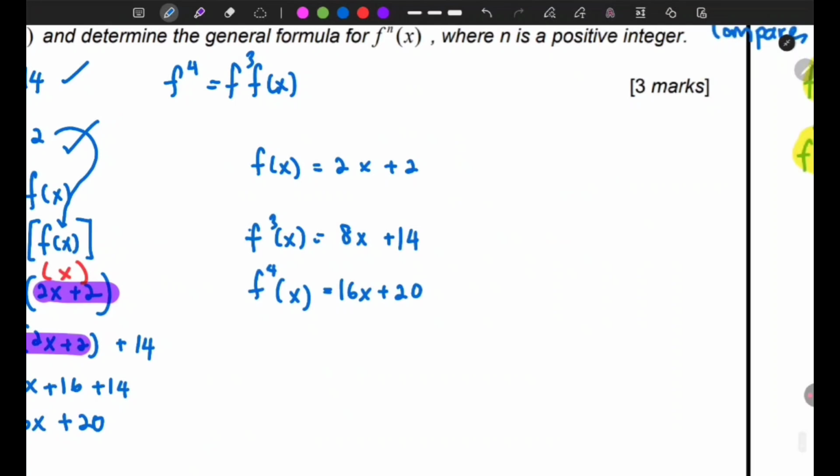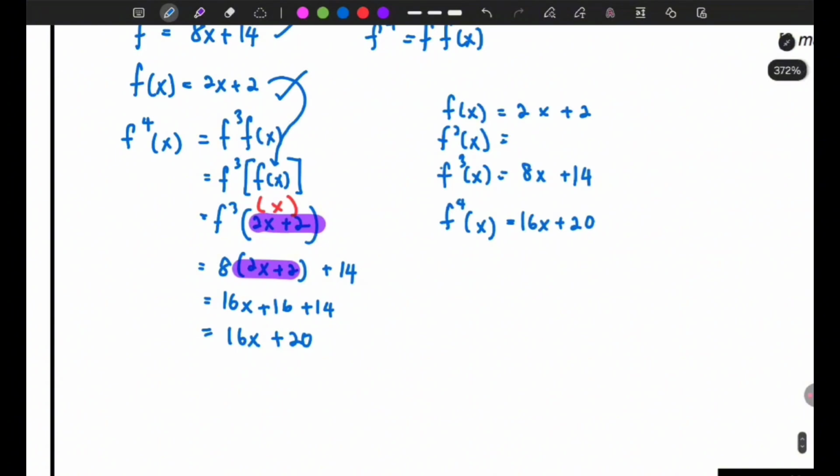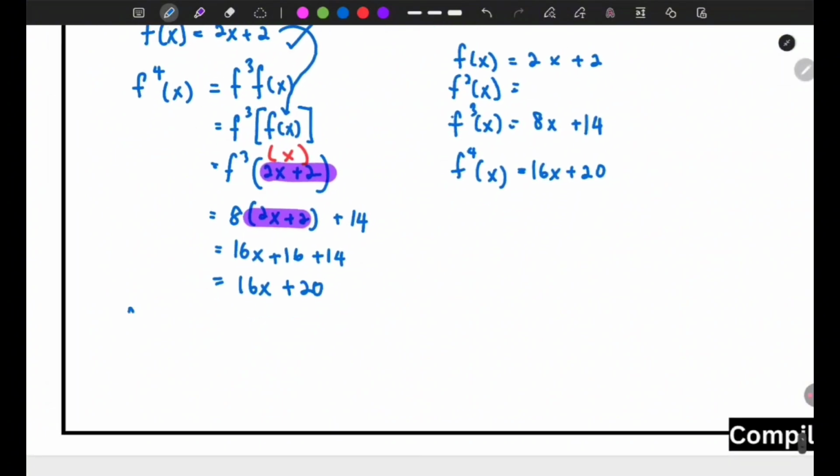And if you see, this actually brings a pattern. You have to see very carefully. But one thing is missing, f squared, right? So let's find our f squared of x also, then it looks better to see the pattern clearly.